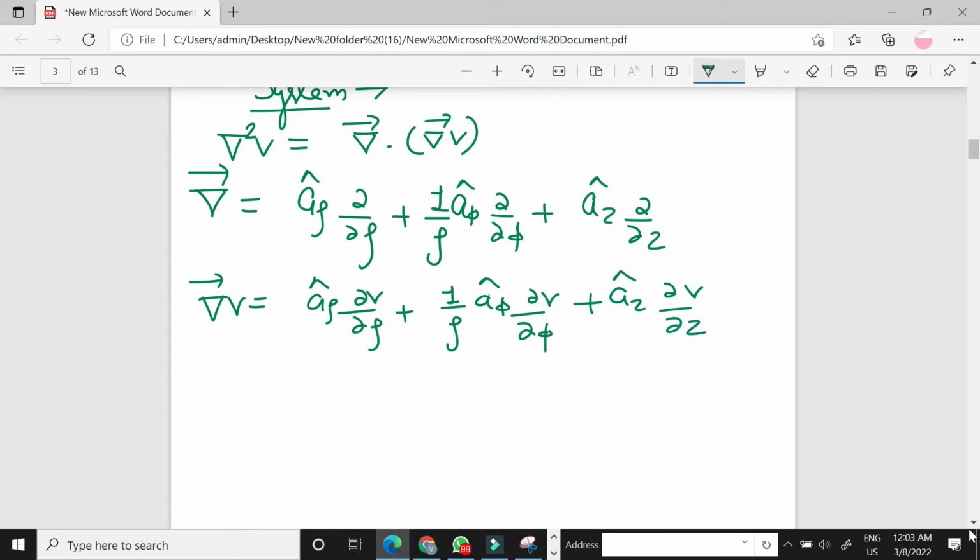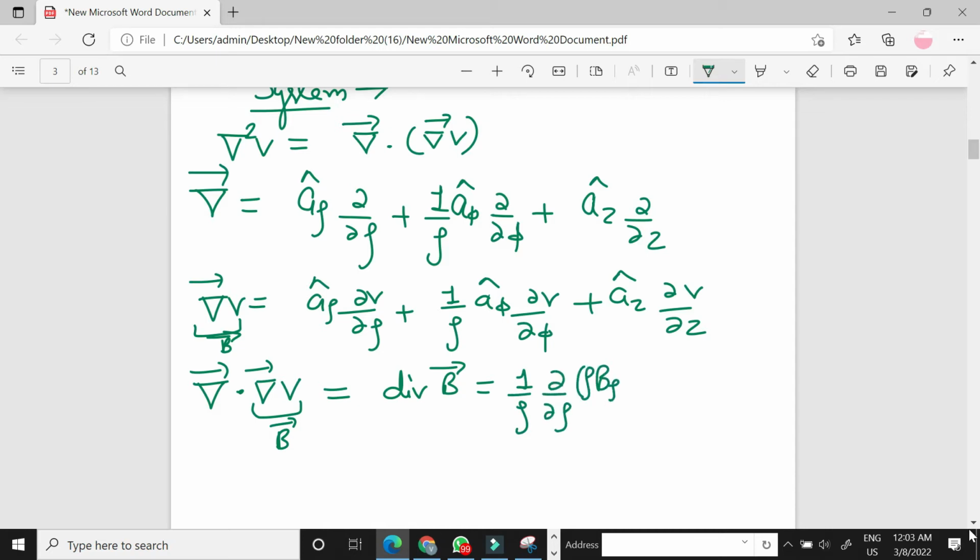Okay, so del dot del V. Let this be vector B. Then the divergence of B vector, the formula of divergence in circular cylindrical, is 1 by rho del upon del rho of rho B rho plus 1 by rho del upon del phi of B phi plus del upon del z of Bz.